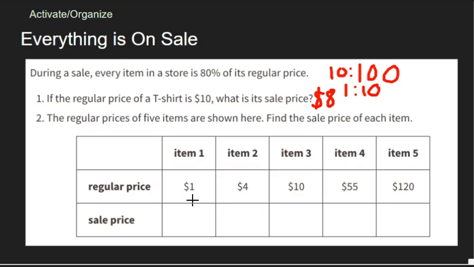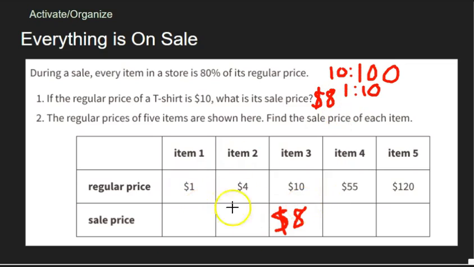Well, again, it's going to be kind of the same sort of thing. We just talked about how this one would be $8. This is one we just did, or very similar to one we just did. What are we going to have for $1? Well, it's going to be the same as the $10 one, right?